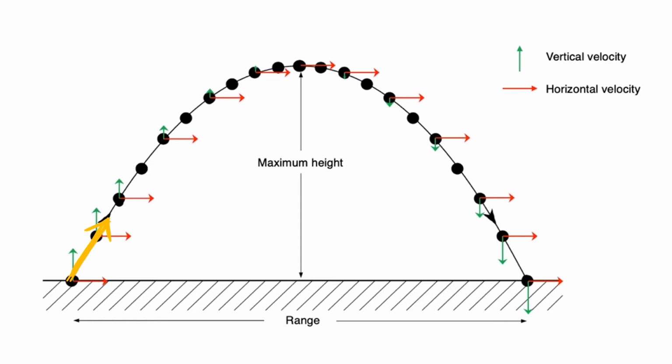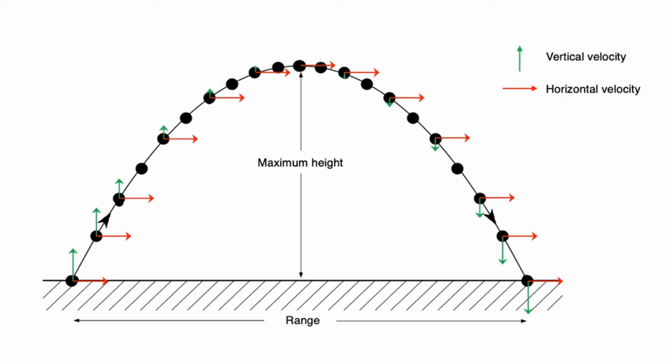And that angle that I throw this ball or any sort of projectile, it has a little bit of horizontal component and a little bit of vertical component. And this picture is showing you how the two change over time.